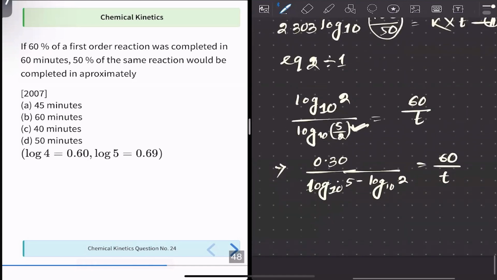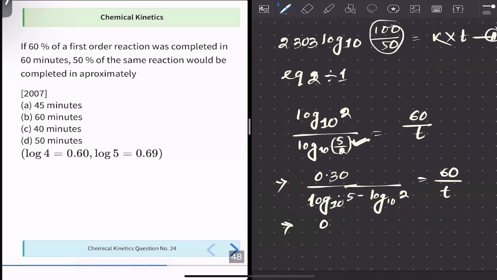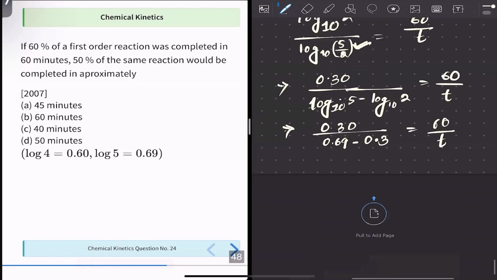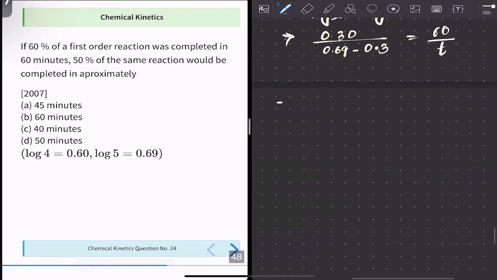So log 5 value is given 0.69, log 2 we know 0.3. So 0.69 minus 0.3 means 0.39, equals 60 by t.